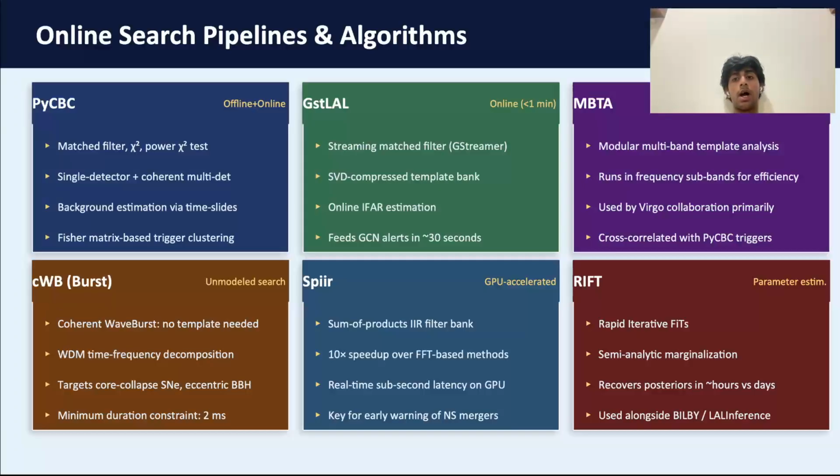SPIIR, GPU IIR, match filtering with sub second latency. Coherent WaveBurst, which uses no templates and finds any coherent excess power, which is ideal for unknown sources. RIFT is full Bayesian posteriors in hours. When black holes merge a billion light years away, you want telescope alerts in a minute. And this is what these pipelines do.